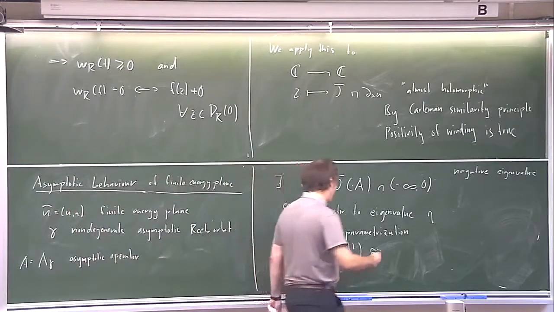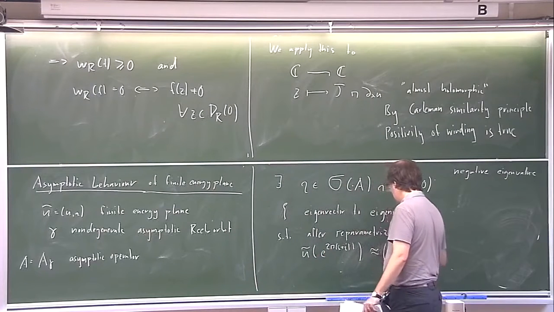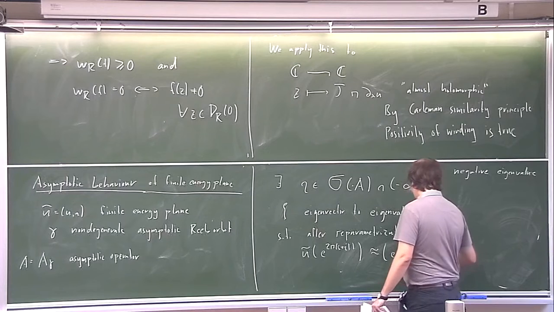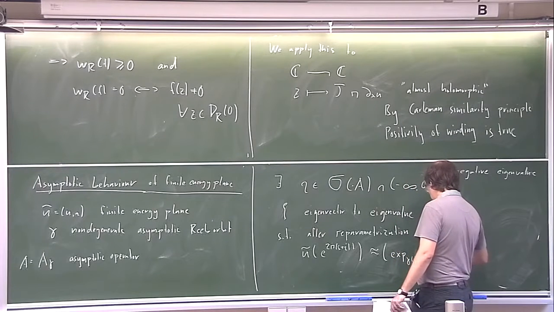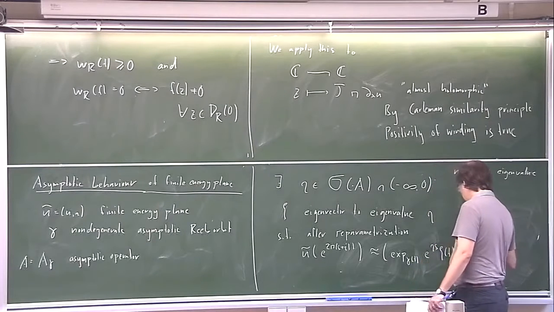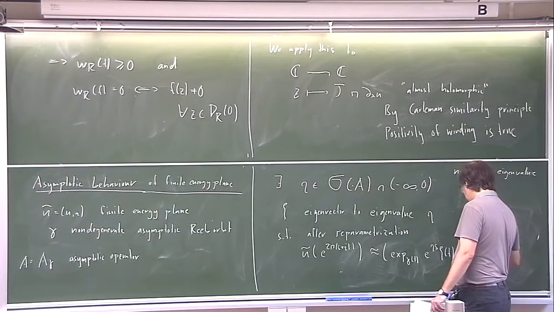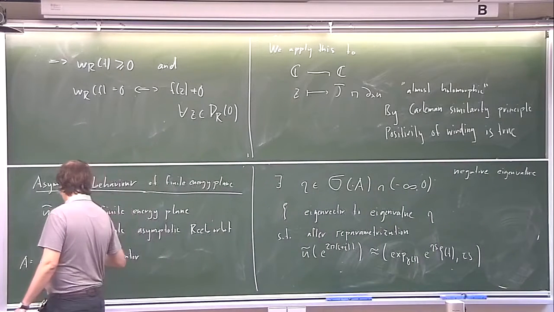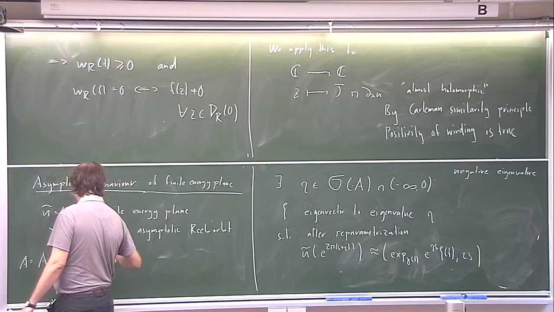So this is basically exp_γ(τt) of e^(ηs) ξ(t), and τ is a period of γ.